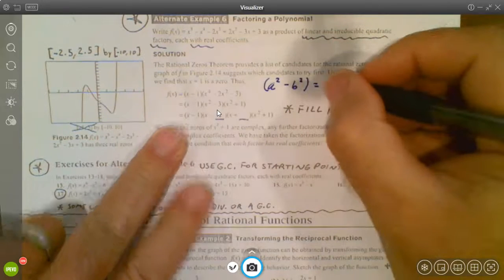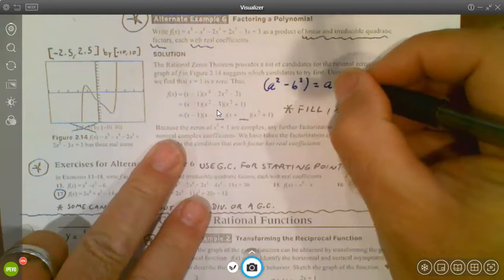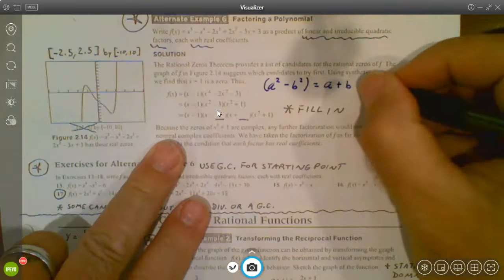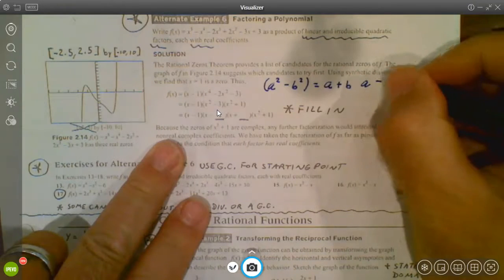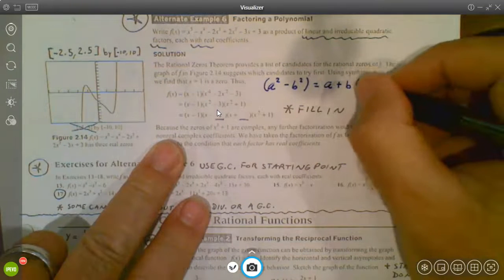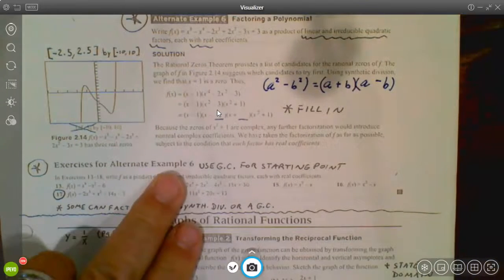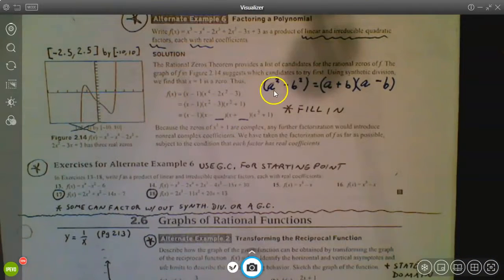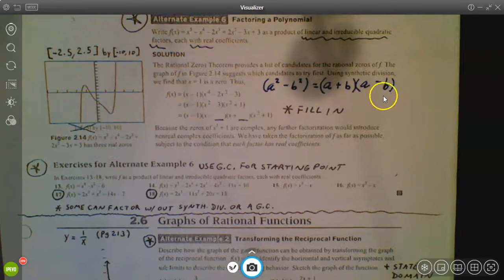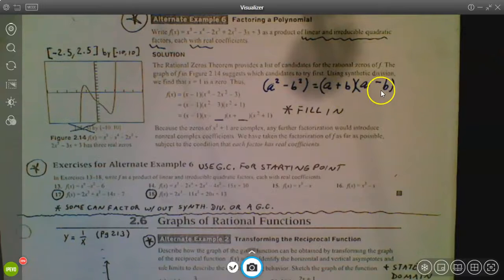Our difference of squares says we take the square root of each term, we make one of them a plus, and the other a minus. That's the whole difference of squares conjugate idea. The square root of my first term becomes my a value, the square root of this term becomes my b value. We make one a plus, the other a minus. That's the whole difference of squares factoring process.